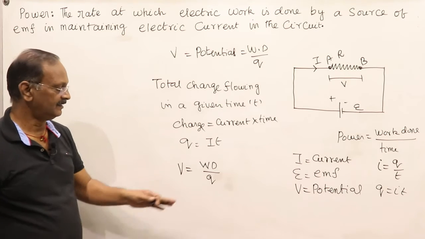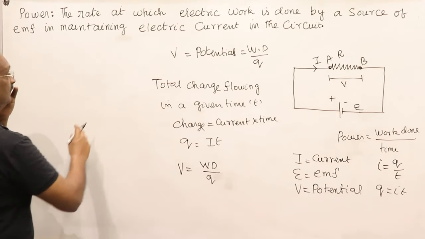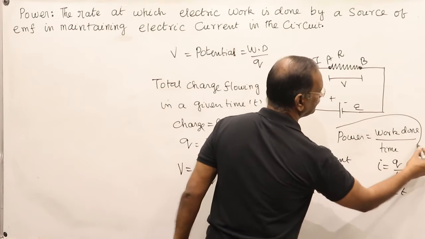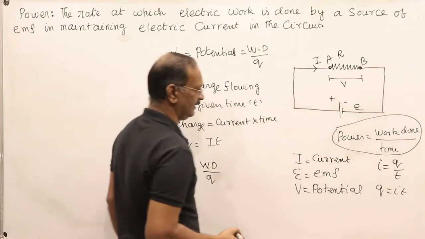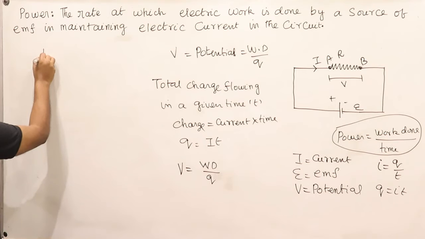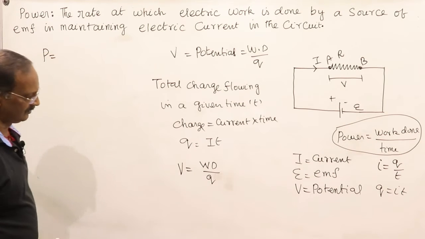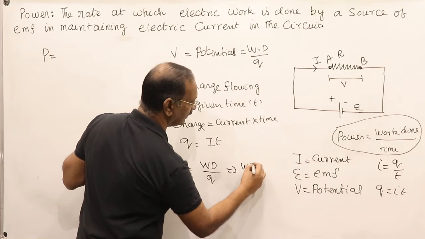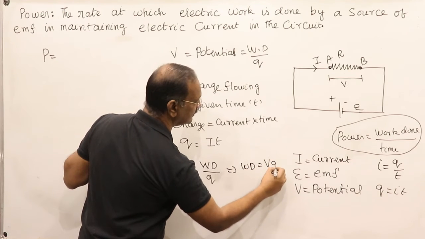Now we have to find the rate at which work is done. This is the expression for power. So power, we denote it by P, is equal to work done by time. Work done is equal to potential difference into charge.